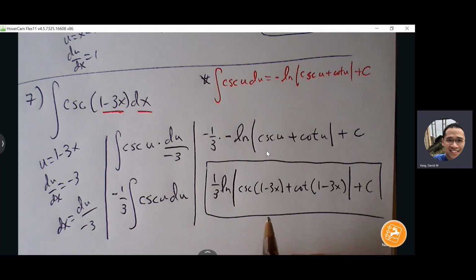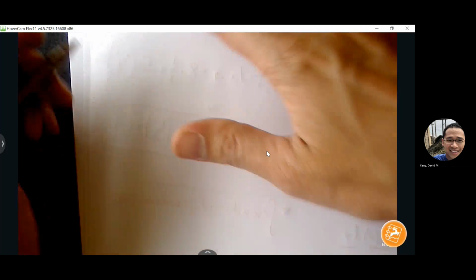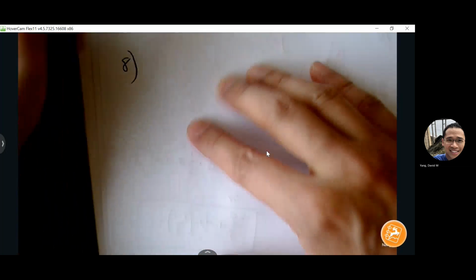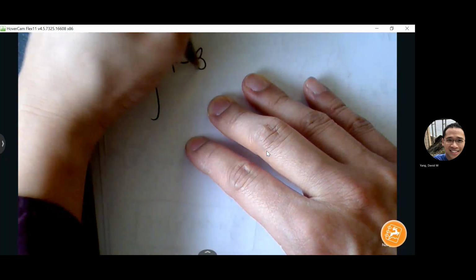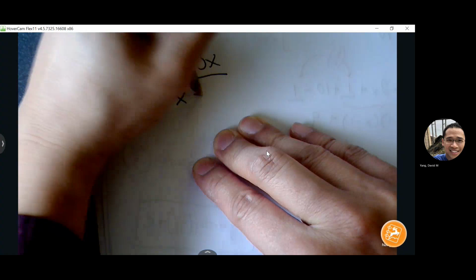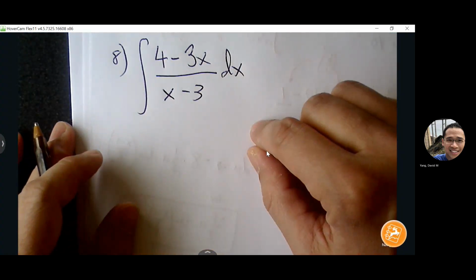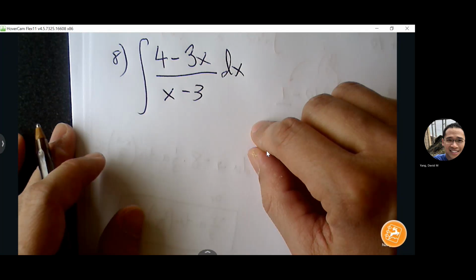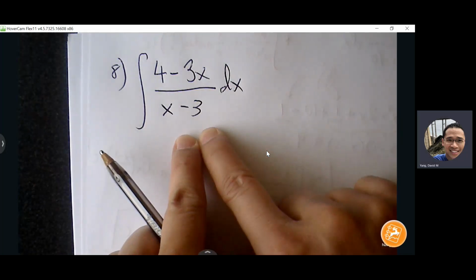Okay, let me squeeze in one more problem if we can find any room. Okay, any idea what could be a good fit for this problem?